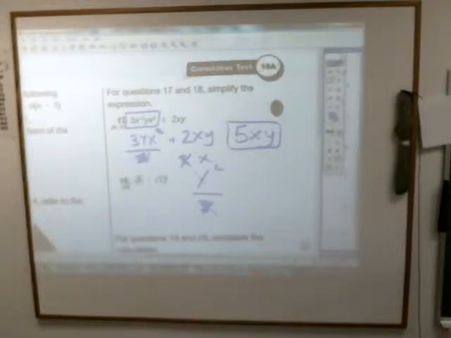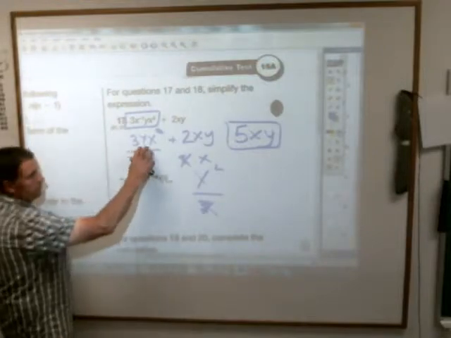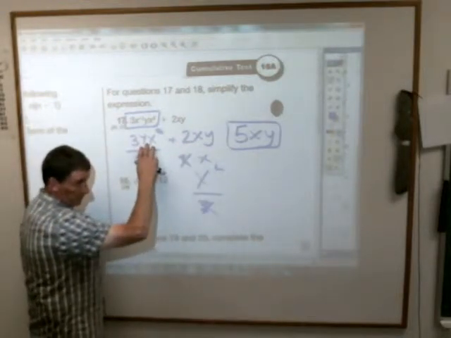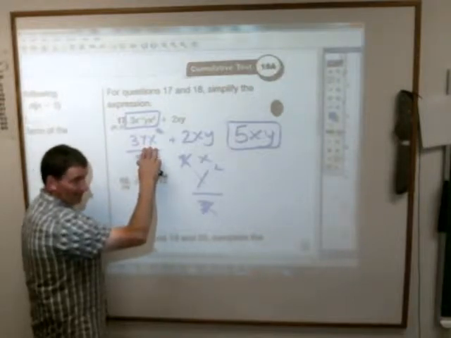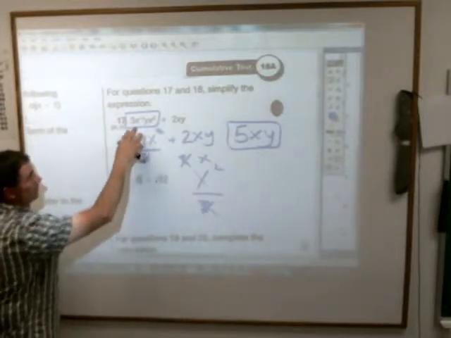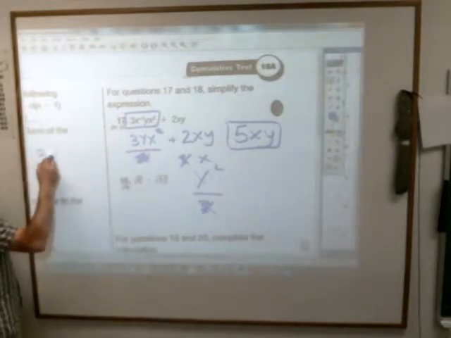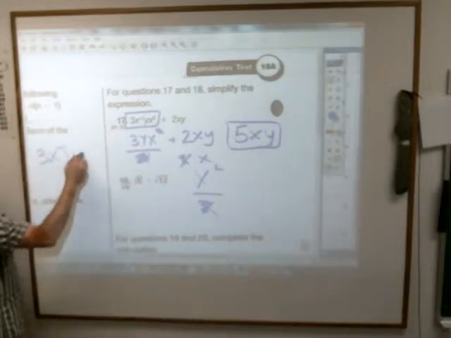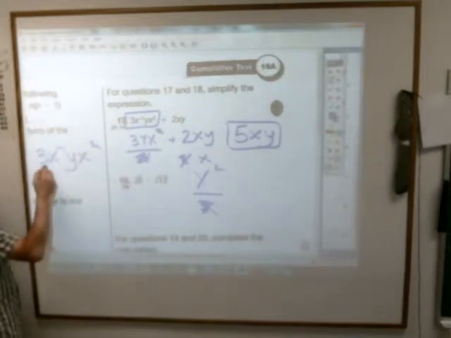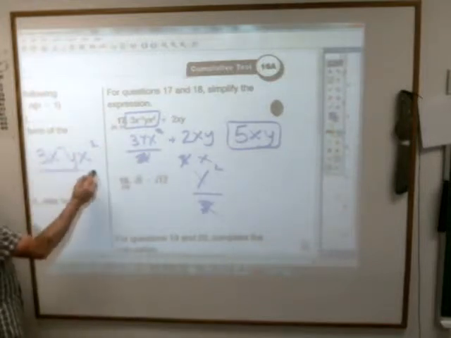Why would I combine them? Okay, you're good with this, Holly? Are you good with where this came from? You know how I got 3YX? You have 3x to the negative 1 y x squared. You make this exponent positive by bringing it to the bottom of the fraction.